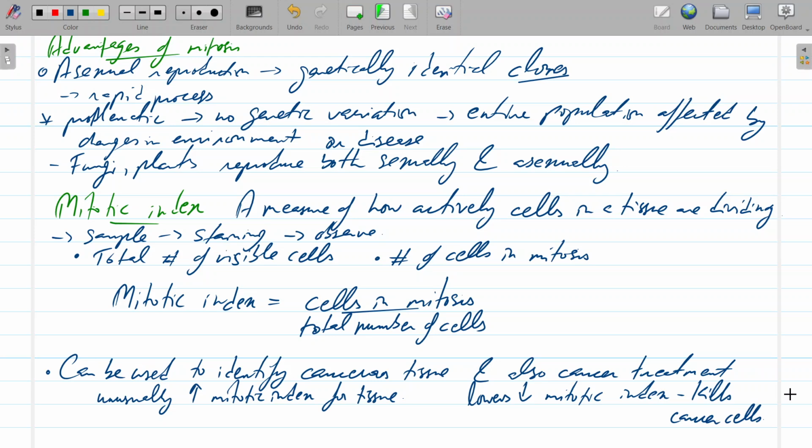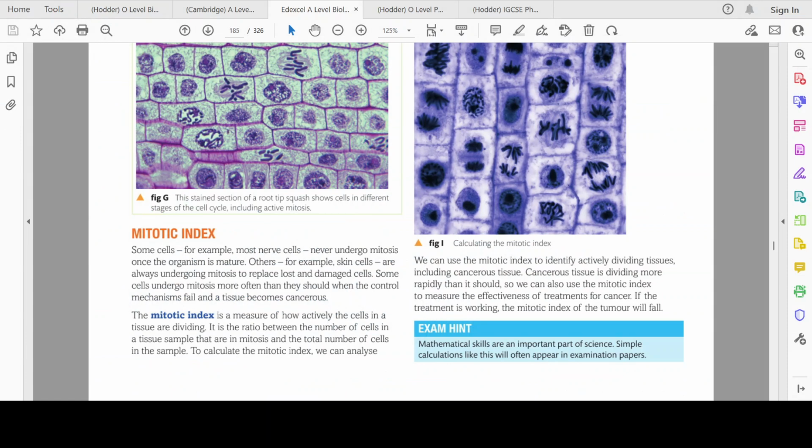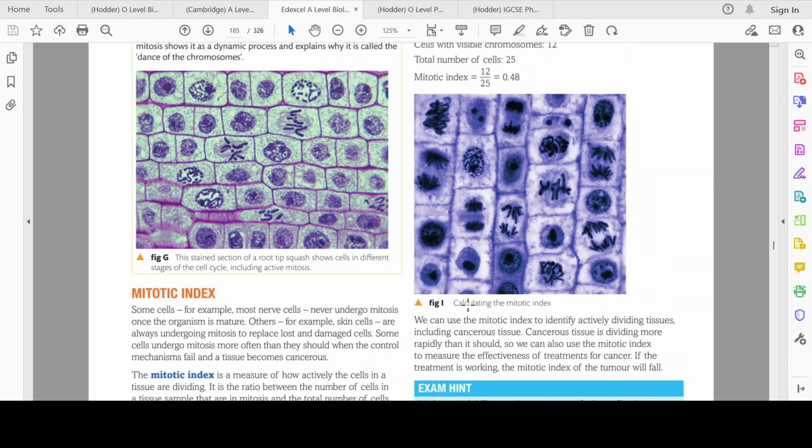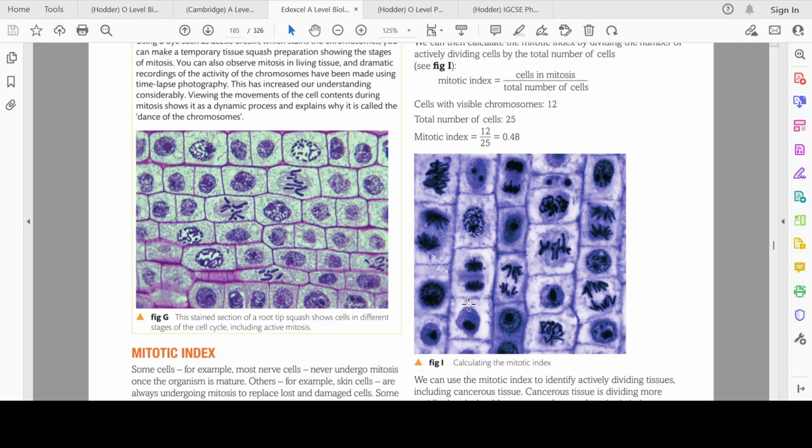I'll just take you to the book, show you a picture of this. All right, so here you can see this is for plant cells, this one over here as well.